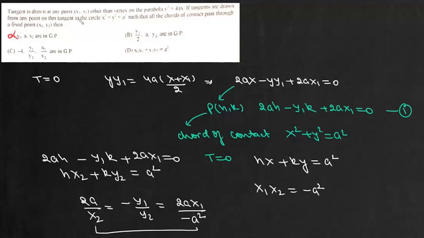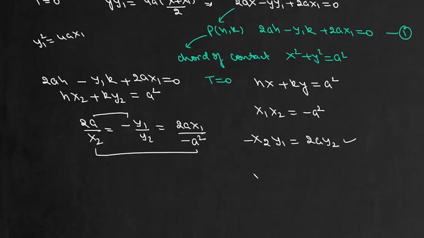Now we also know that this point x1, y1 lies on this parabola. So we have y1 square is equal to 4a x1. So if we solve these first two, we can write minus x2 y1 is equal to 2a y2. Now we'll multiply this with y1. So we'll write minus x2 into y1 square, and this is 2a y1 y2. Now y1 square is 4a x1.